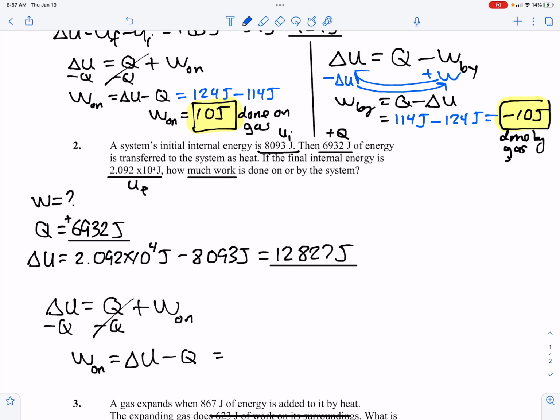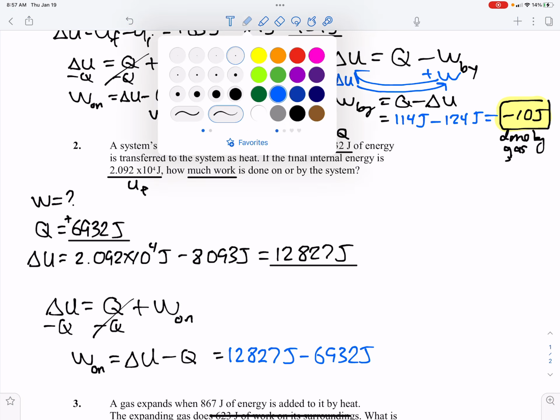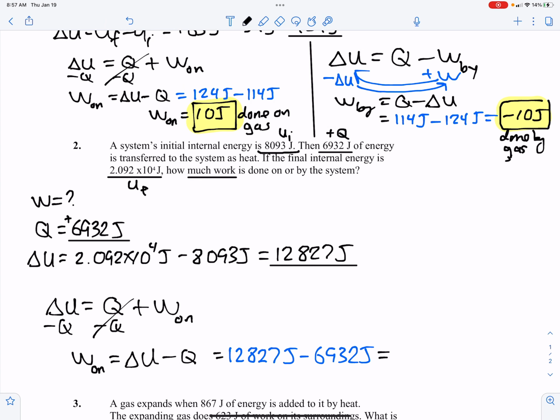Plugging in, we have 12,827 joules minus 6,932 joules, which gives you about 5,895-ish joules. We'll round that up to 5,900 joules.